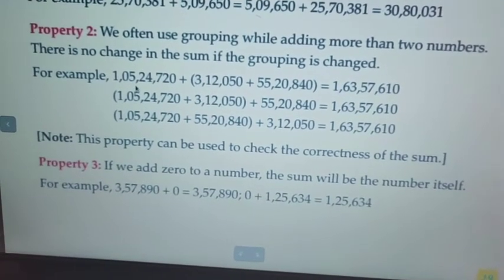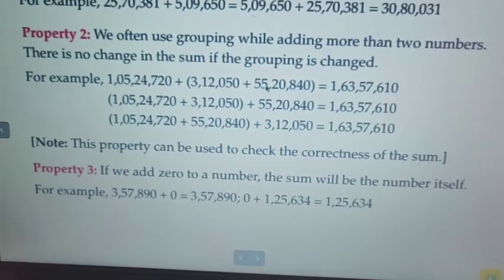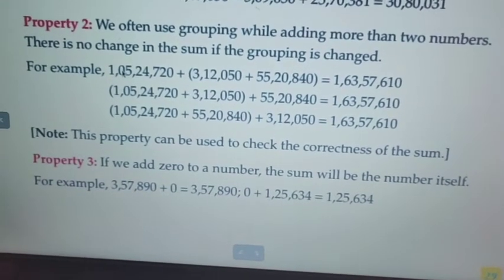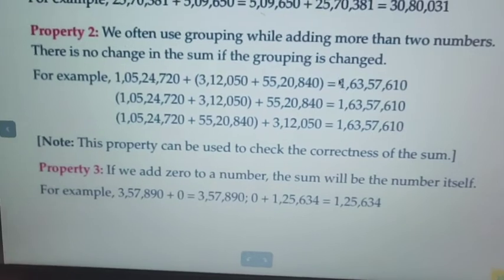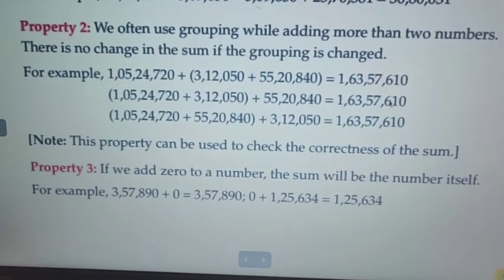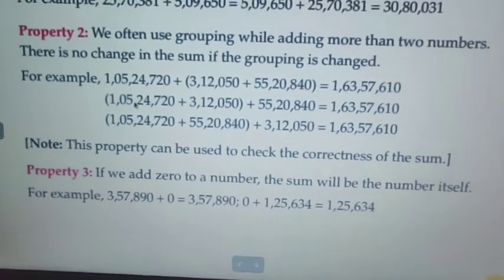We want to add these two numbers, 3 lakh and 55 lakh. If we regroup and keep the 1 crore number outside, the answer will be 1,63,57,610.